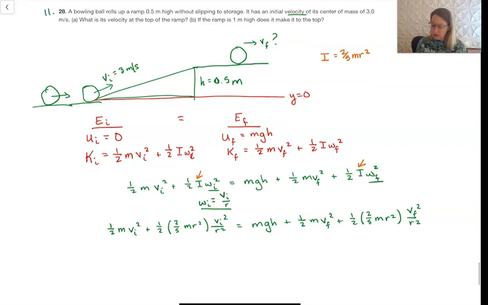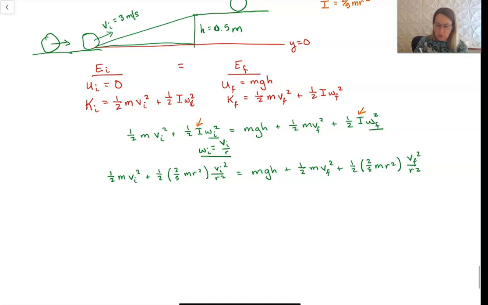And what this does immediately is we can recognize that our r squares are going to cancel, which is nice. And then I look and I've got a mass in every term. So I can divide the entire equation by m. So we'll get rid of the m's everywhere. And this really cleans things up.